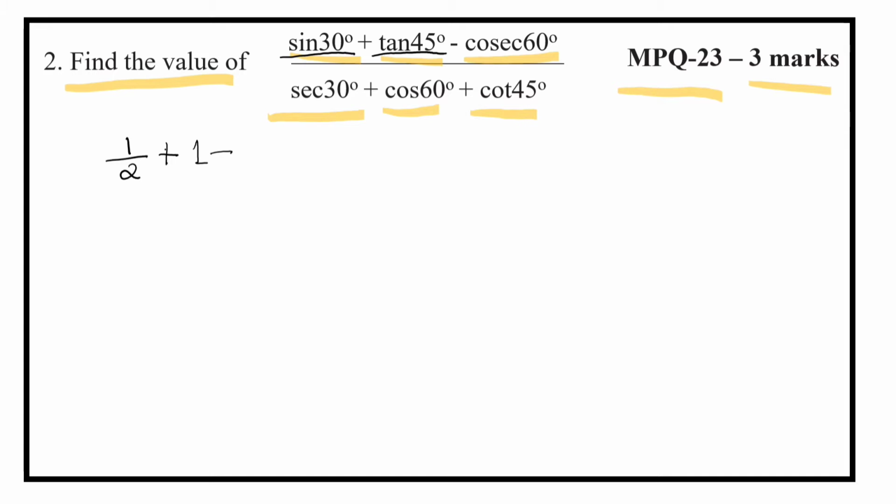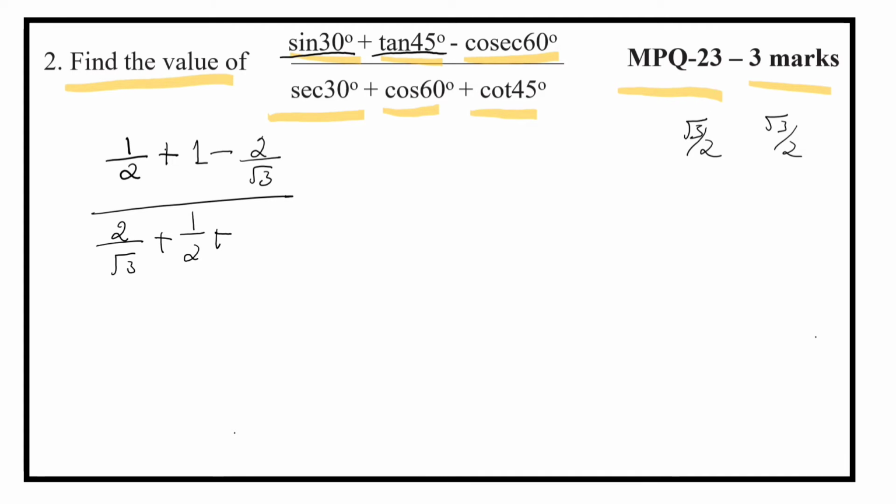Sin 60 is root 3 by 2, so cosecant 60 is 2 by root 3, upon secant 30. It is the reciprocal ratio of cos 30. Cos 30 is root 3 by 2, so it is 2 by root 3. Cos 60 is half, plus cot 45, it is 1.